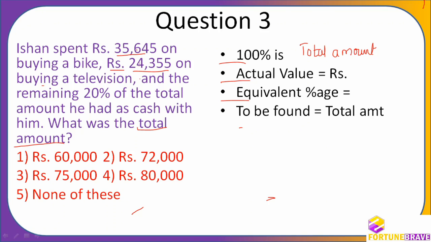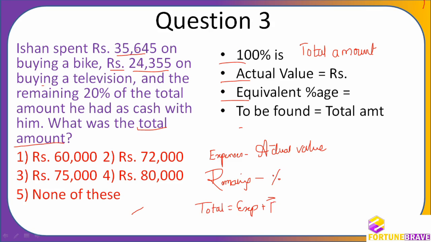What has happened in this question is they have given the expenses in actual value terms, and the savings or remaining, we can call it the remaining amount, in percentage value. So again we need to understand total is equal to expenses plus remaining, right? To find out the expenses, they are not given in one place, they are given in two ways. So Ishan spent 35,645 to buy a bike and 24,355 to buy a television.